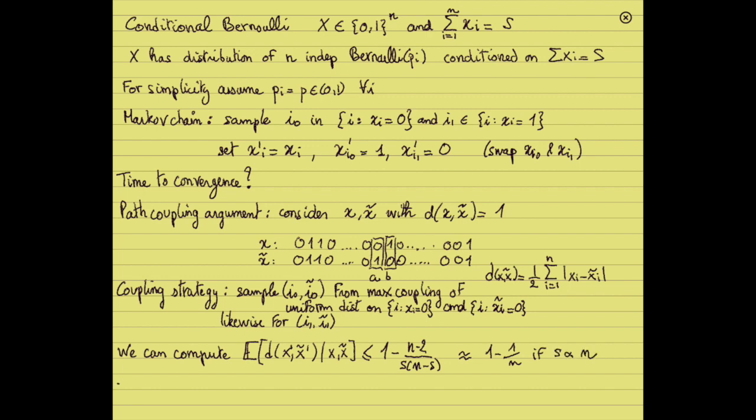So 1 minus c over n. So a conclusion from this is that we can obtain a mixing time in n log n for this swap Markov chain. So we obtain quite precise statements about how things scale with n. But here we have assumed that all the probabilities were identical.